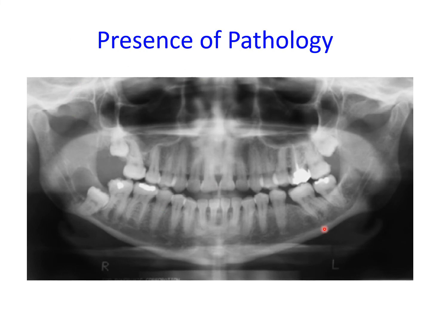Finally, you need to look for any associated pathology in relation to the impacted third molar, and on this occasion you can see a large pericoronal radiolucency associated with the lower right mandibular third molar. This is most likely to be a dentigerous cyst, and it might be best to plan enucleation of the cyst along with the removal of the mandibular third molar.